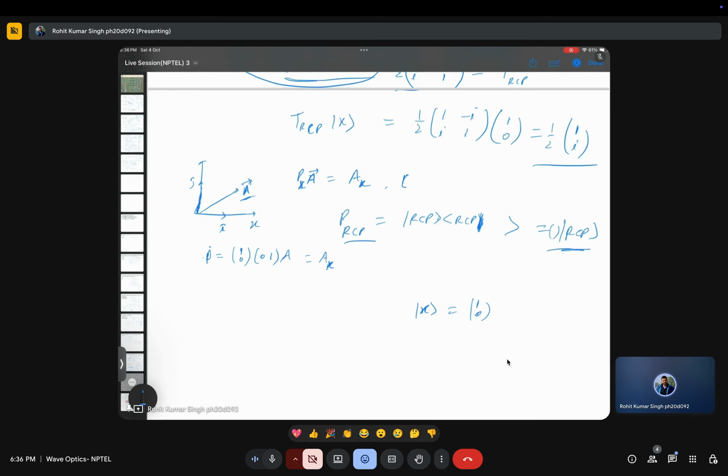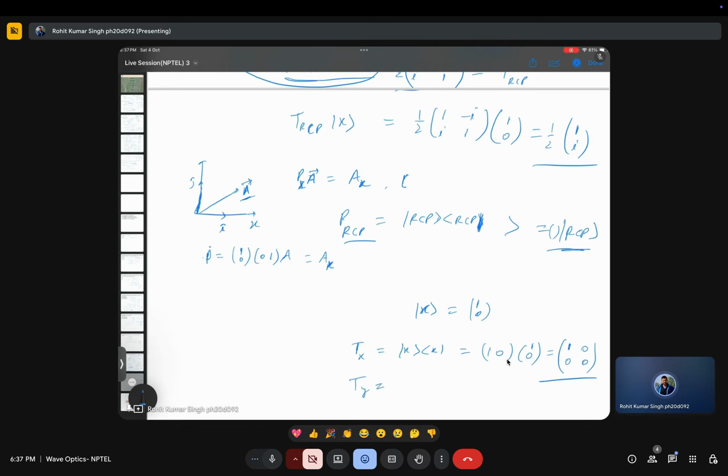It will be simply this thing, 1 0 and 1 0, and when you multiply this, it will be 1 here, 0 here, and then 0 here and again 0. So this is the Jones matrix for polarization in the x direction.